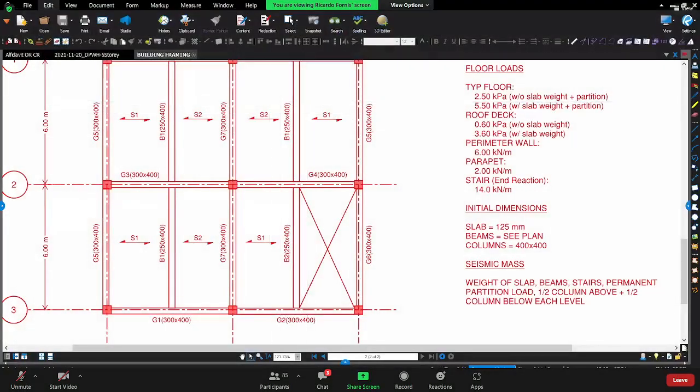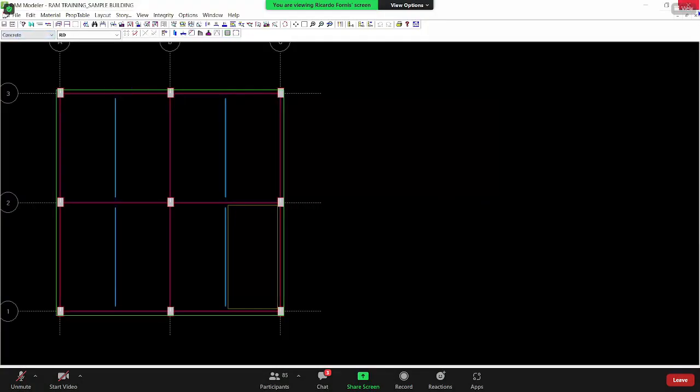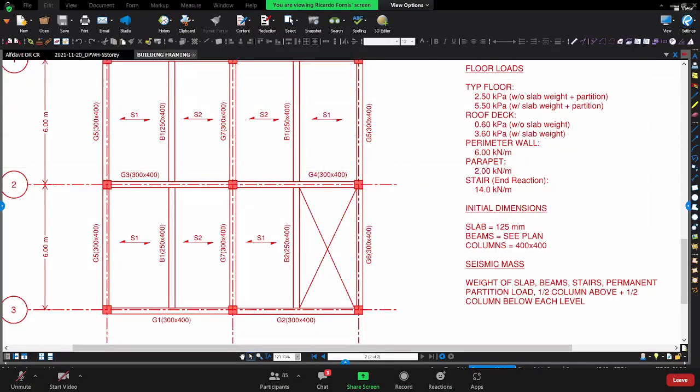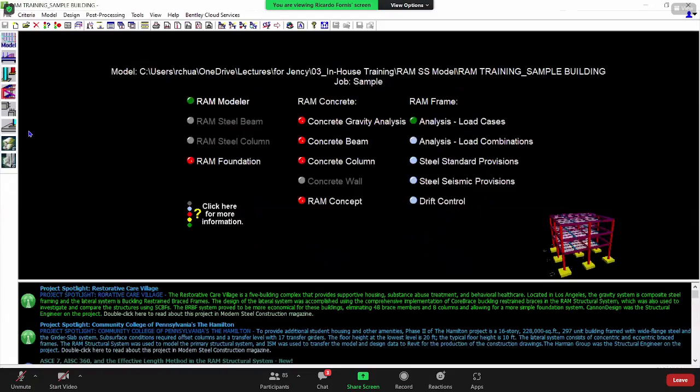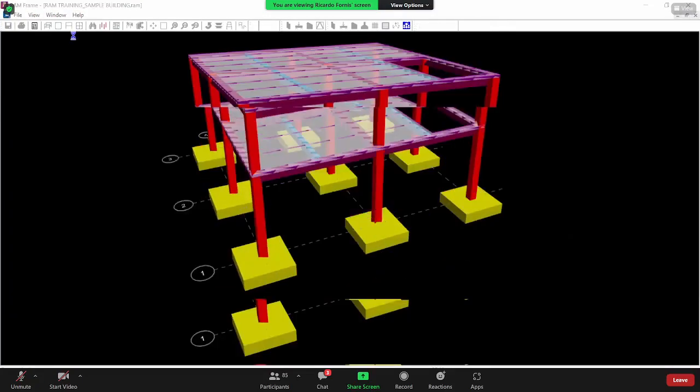Let's look at the... So I'm just gonna get the value since this is just a sample building from my analysis.